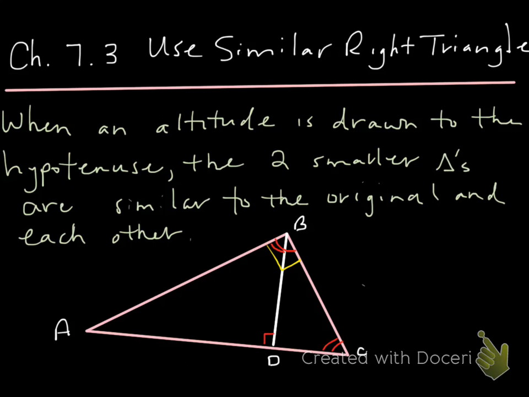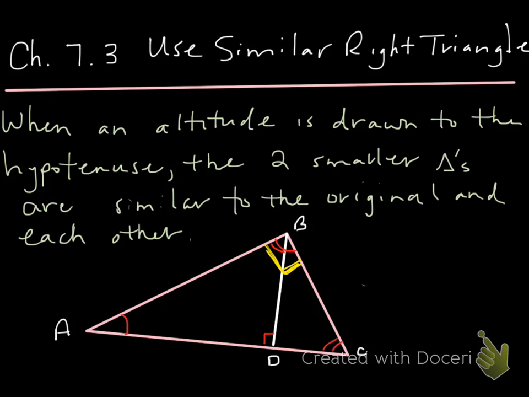These two angles here, A and C, have also got to be complementary angles, because if ABC is a right angle, that means A and C must be complementary also.